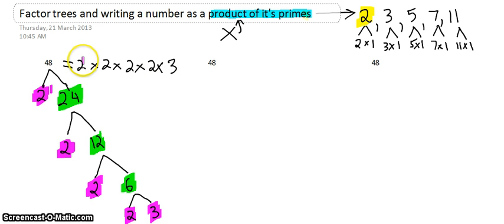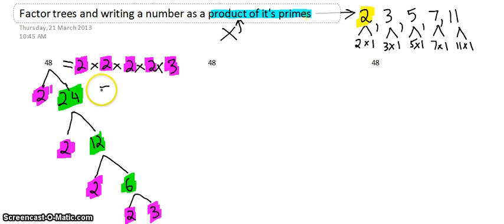I'll highlight them again so you can see. I'm using all those prime numbers that we factorized from 48 and multiplying them together. They make 48. 2 times 2 is 4, times 2 is 8, times 2 is 16, times 3 is 48. So that's what it means when we write a number as a product of its primes.